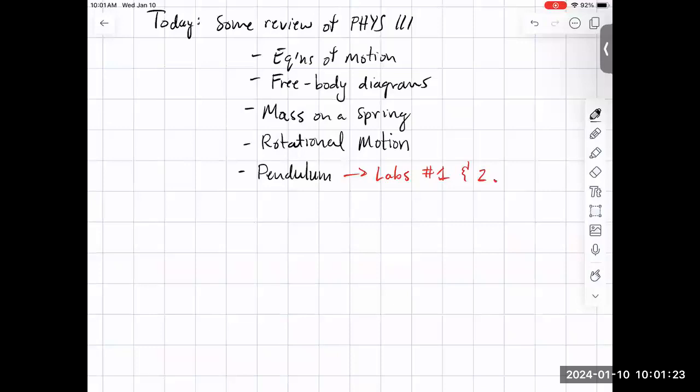And then we'll see how, if we convert some of our linear coordinates to rotational or angular coordinates, we can relate the mass on a spring problem to the pendulum. So we'll start with mass on a spring, and we'll see if we can derive its equation of motion.